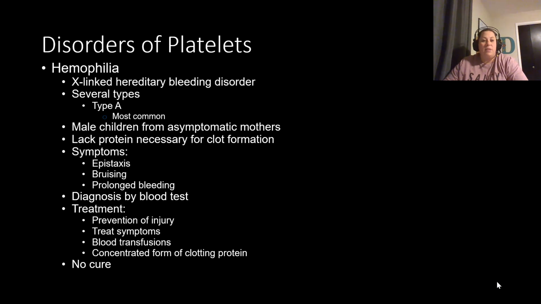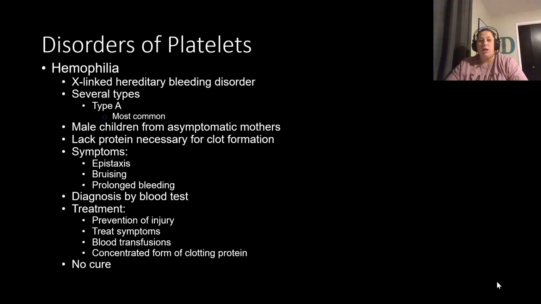Symptoms include epistaxis, or the nosebleed that happens, and we see that they will have lots of bruising and a prolonged bleeding time. They may even have what we call hemarthrosis, where they have bleeding into their joints. Diagnosis can be done by a blood test where we're looking for certain platelets, certain coagulation factors. Treatment, one of the main treatments is to try to prevent injury from occurring.